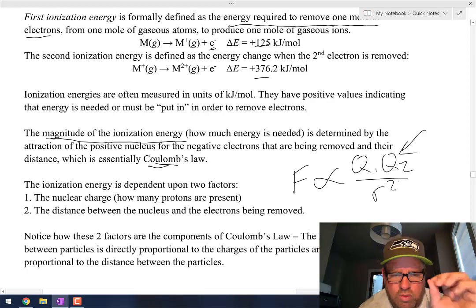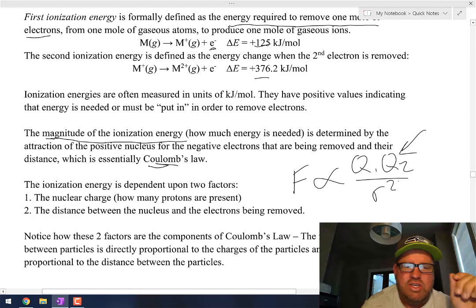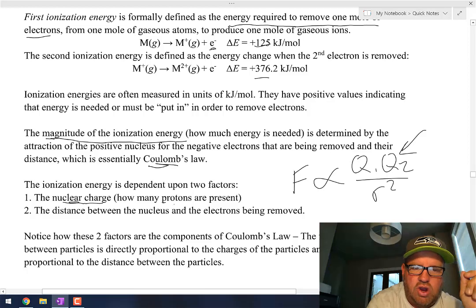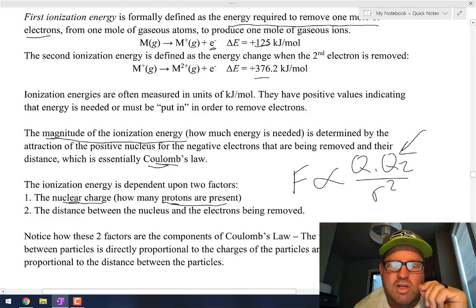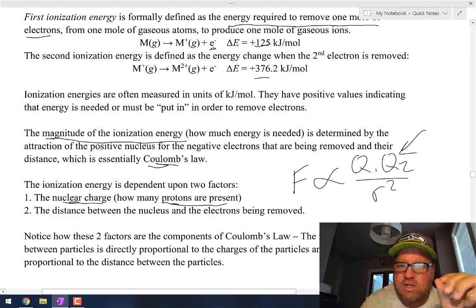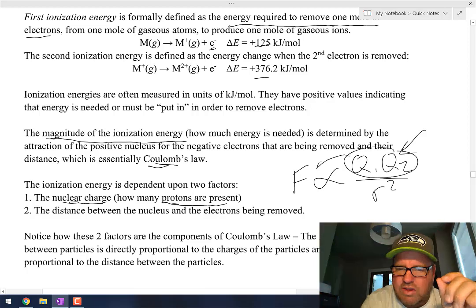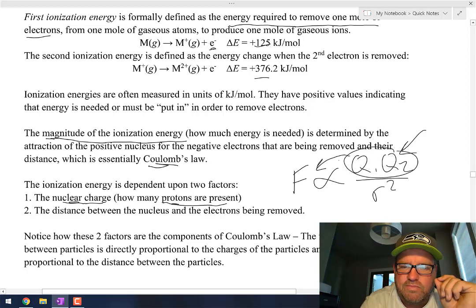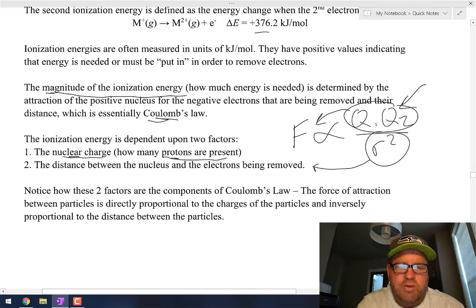So the one thing that determines ionization energy is the nuclear charge, or easier said, how many protons there are. The more protons there are, the greater this charge is, and the greater that force of attraction. And then the second thing is the distance between the nucleus and the electrons being removed.